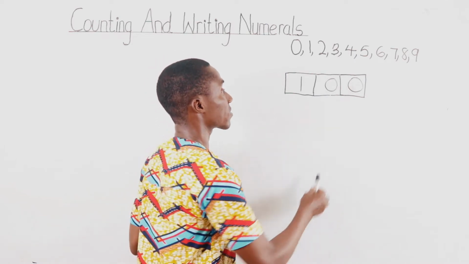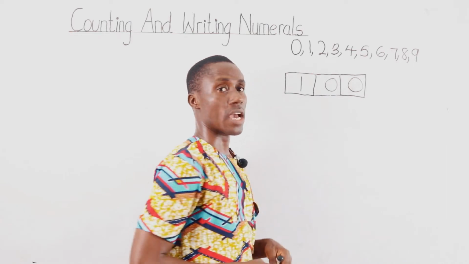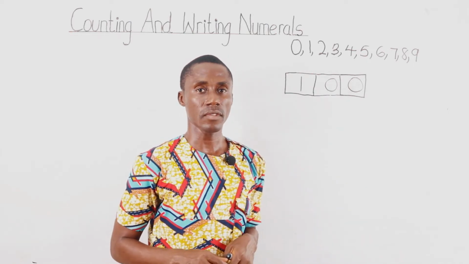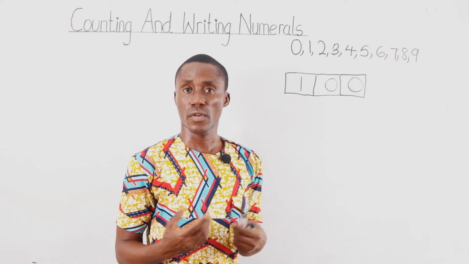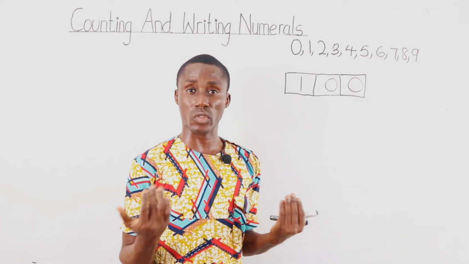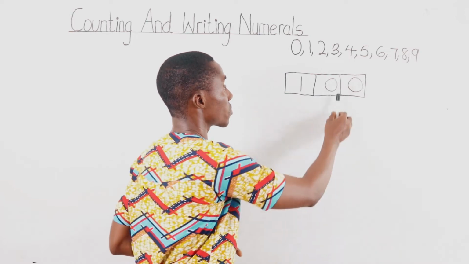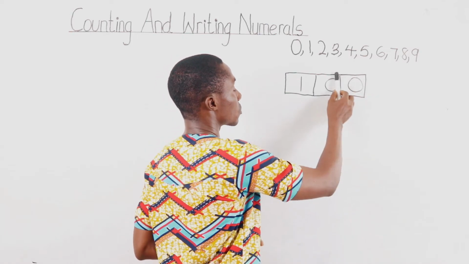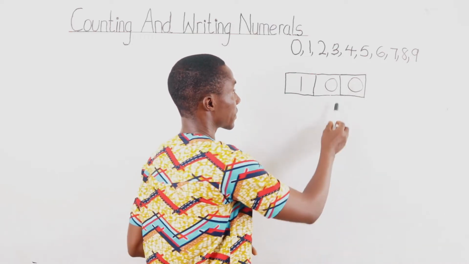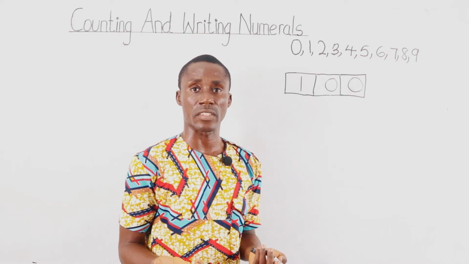We realize that the first number place is being used to count ones. 1 is 1 one, 2 is 2 ones, 3 is 3 ones, up to 9, which is also 9 ones. And therefore we use this number place to count groups of what? Ones.